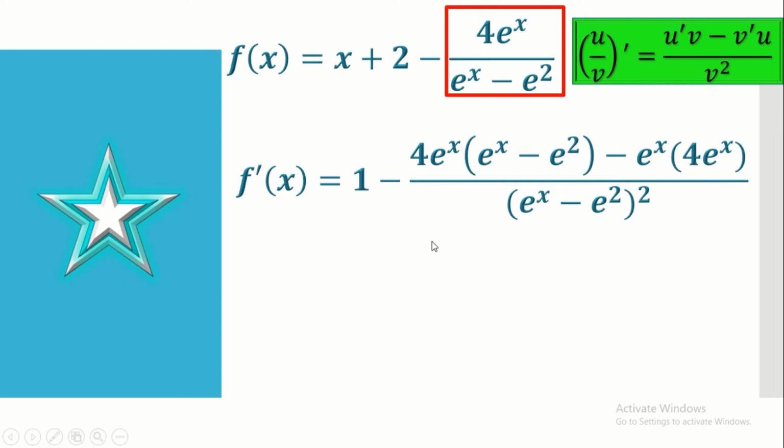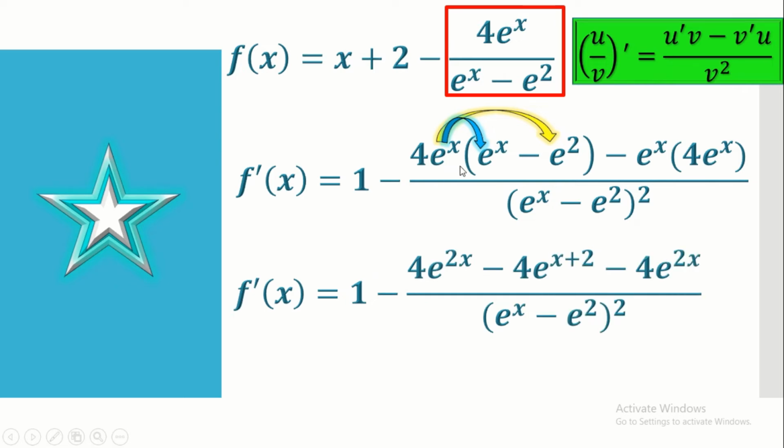Now we can just expand them. It's equal here to 1 minus 4 exponential x times exponential x, which gives us exponential 2x, sure, x plus x is 2x. Here also minus 4 exponential x times exponential 2, so it's exponential x plus 2, by applying the properties of exponential functions.